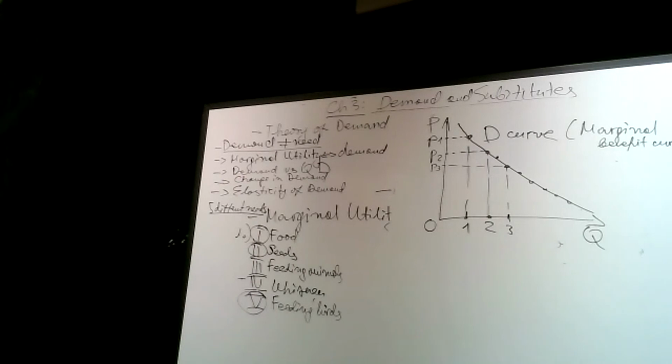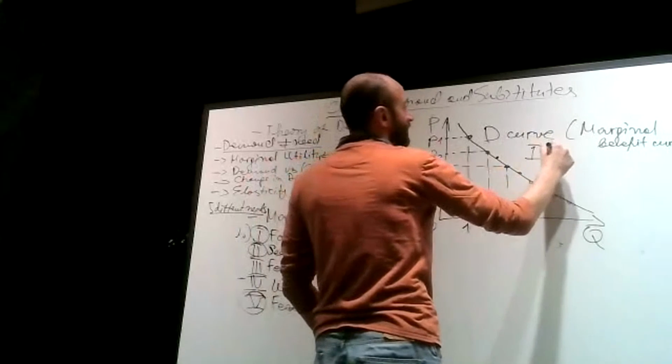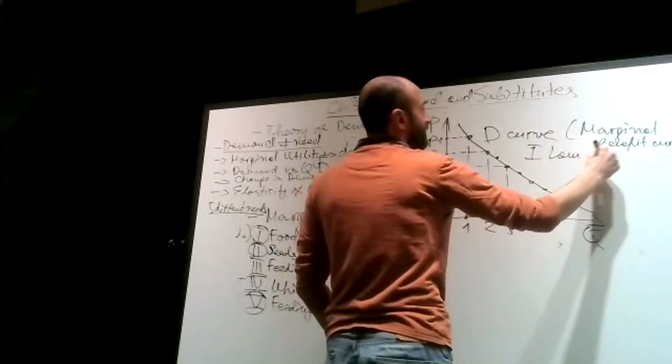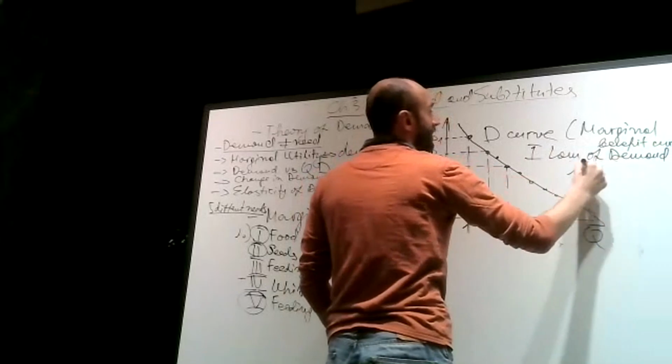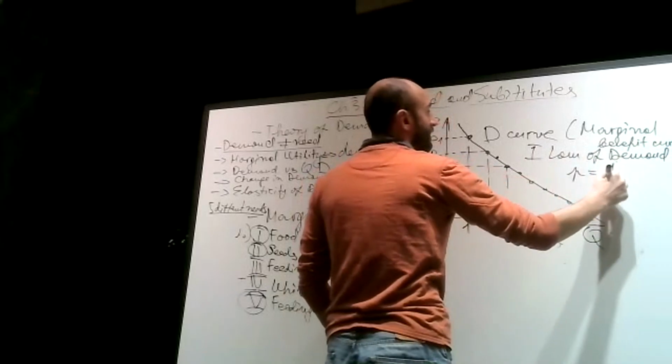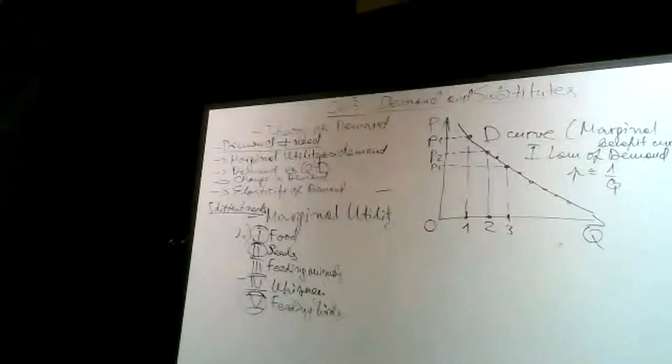Quantity demanded is the quantity that people will buy at a given price. This relationship is inverse. The higher the price, the lower the quantity demanded. As prices increase, people will buy less. So that's called the first, sometimes fundamental, law of demand. There is an inverse relationship between price and quantity demanded.